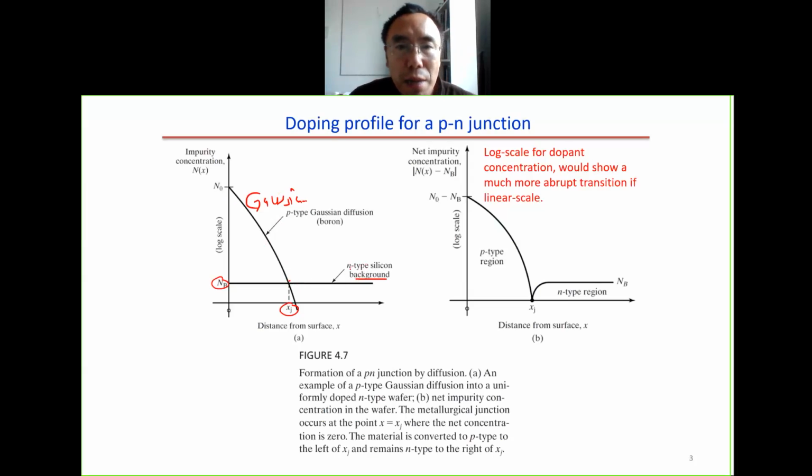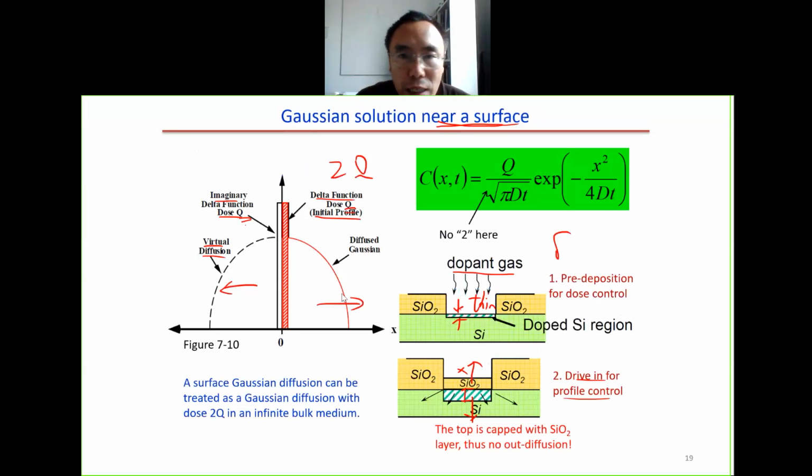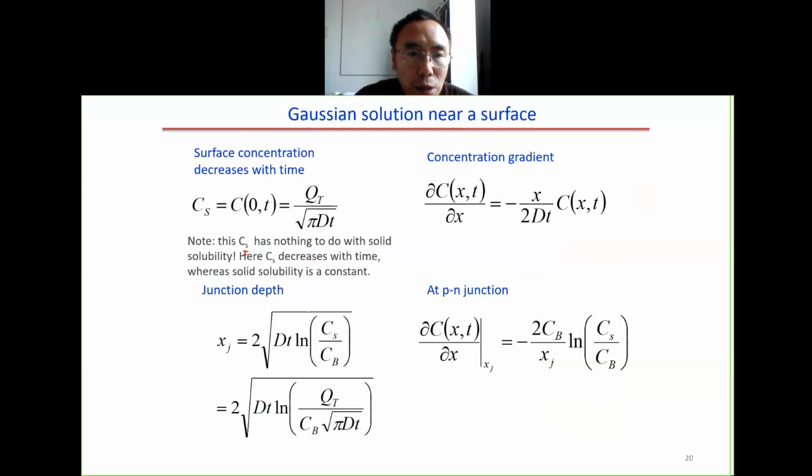So this is the junction depth xj. We set this equal to the background concentration CB, then we can solve for xj and rearrange it. It becomes like this. The concentration gradient, partial C over partial x, is given by this formula here, and at the p-n junction xj the gradient is given by this number.